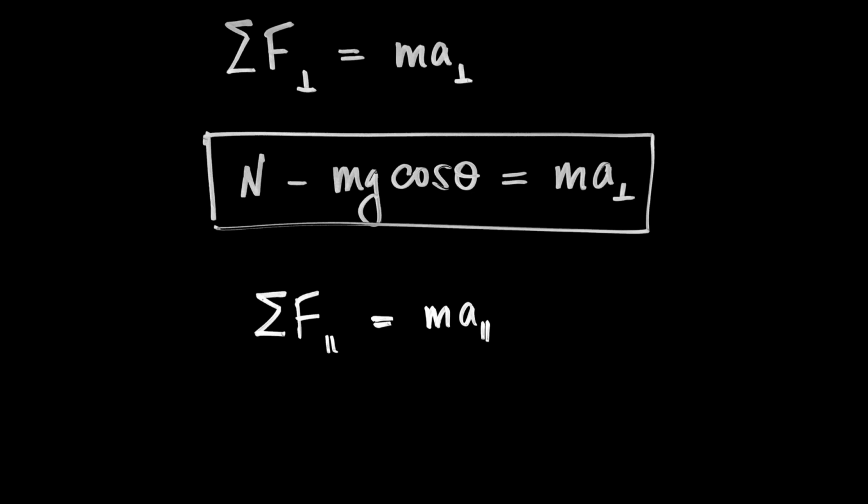Because I chose the parallel axis to be down the incline as positive, mg sine theta is a positive force and the friction force is a negative force. And so my equation of motion is that mg sine theta, a positive force, minus the friction force is equal to the mass times the acceleration parallel to the incline. And that is my equation of motion for the parallel coordinate direction.